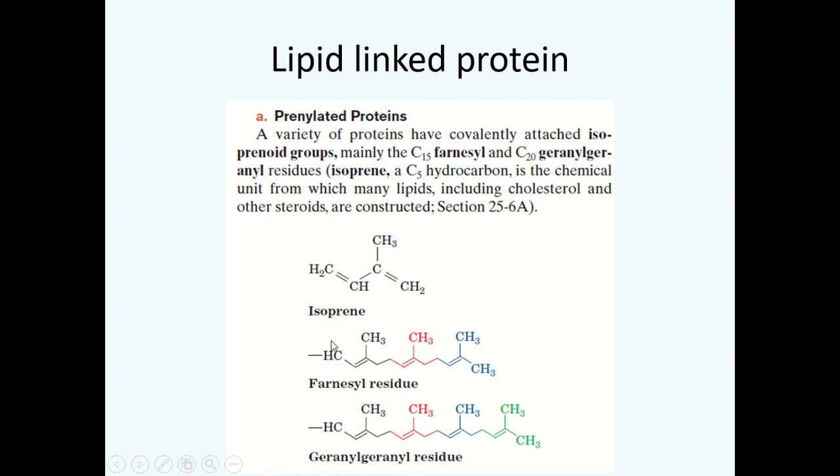So these proteins are inserted into the membrane by means of the nonpolar portion of the isoprene units. Sometimes this part is also called the lipid anchor because it anchors the protein into the membrane.